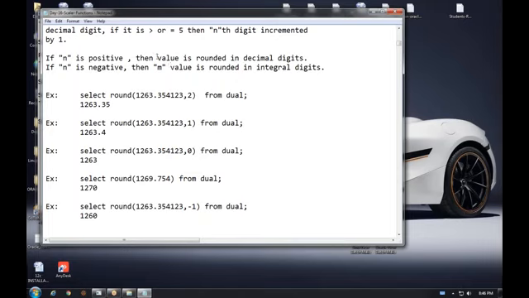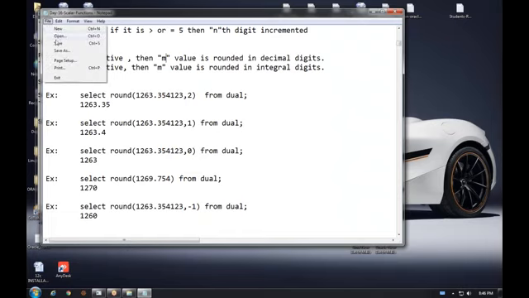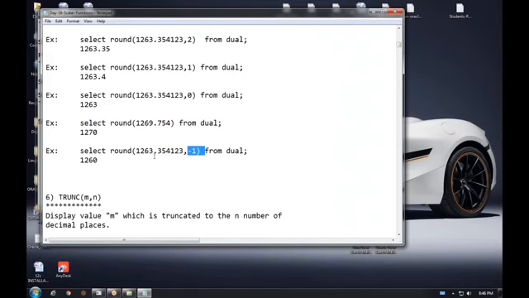Remember, see here, -1 means the decimal part is eliminated, and also from the rightmost digit, one digit is eliminated.